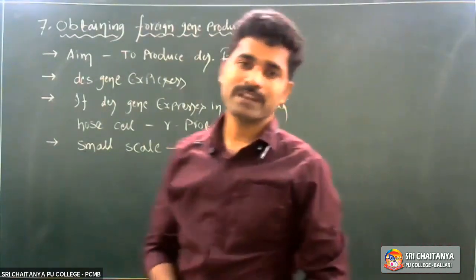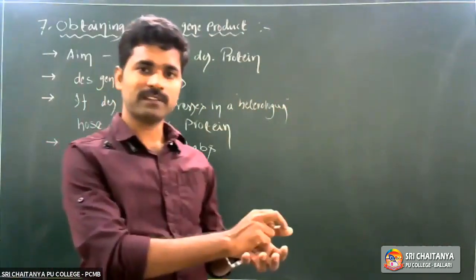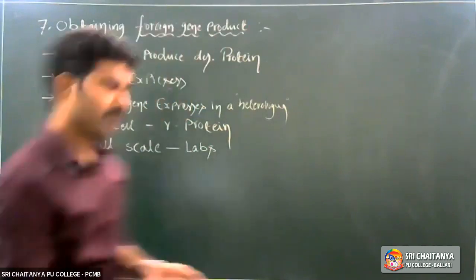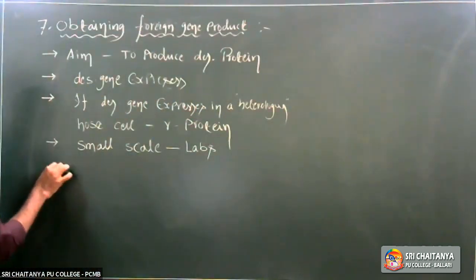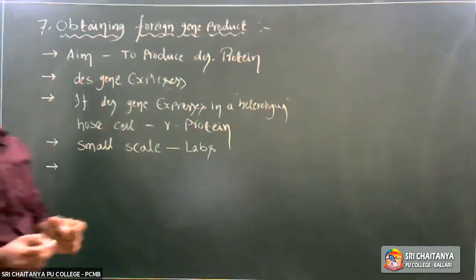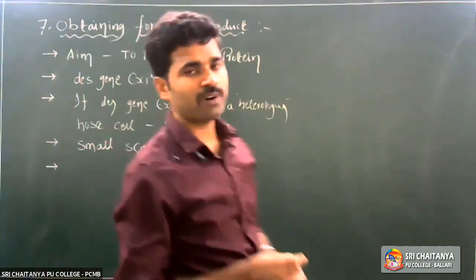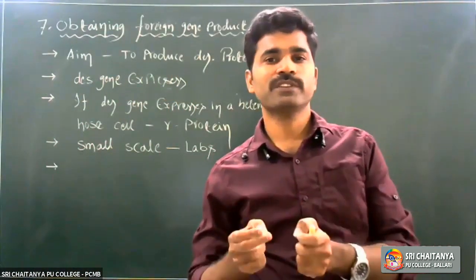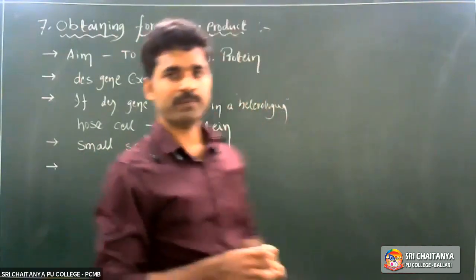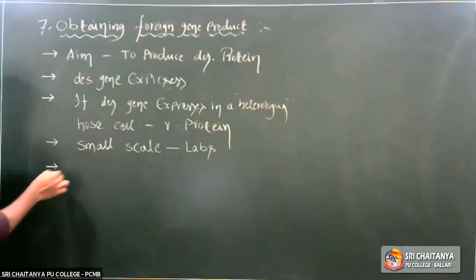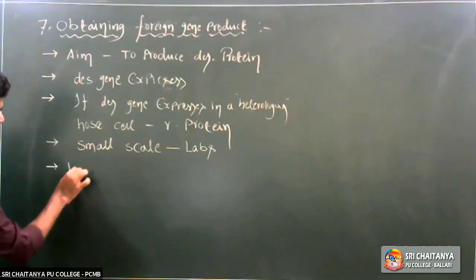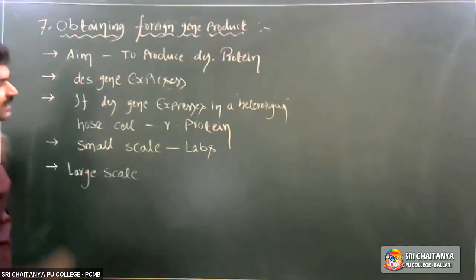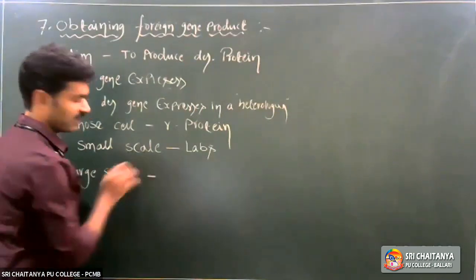So in a Petri plate, we culture the bacterial cells for obtaining a small quantity of desirable products. But what about large quantities? If we require a large quantity of desirable product, the bacterial cells are cultured continuously on the nutrient medium.